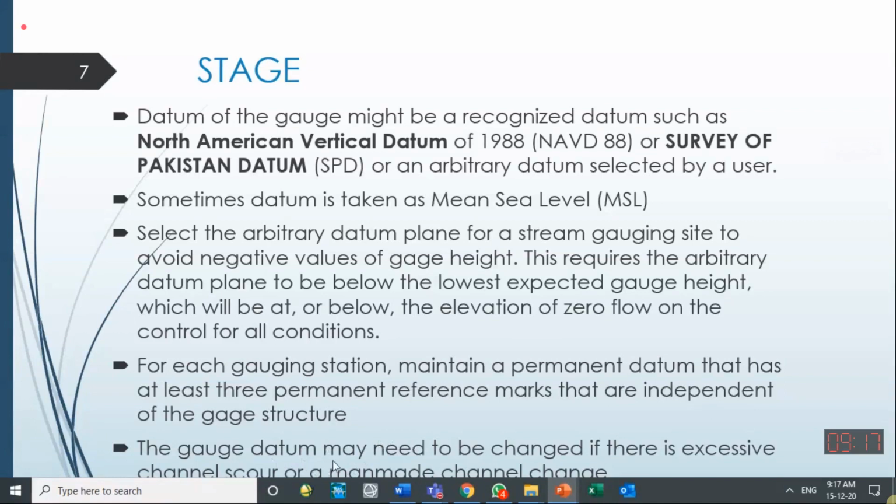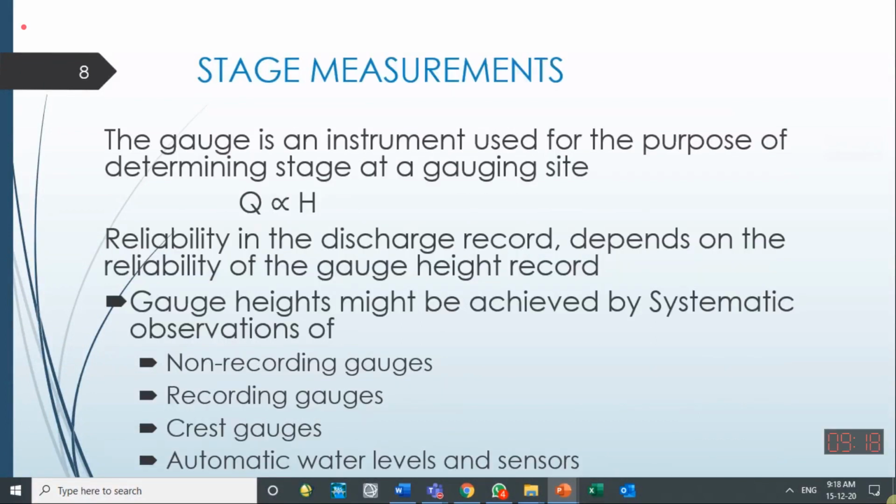The gauge datum may need to be changed if there is excessive channel scour. Again, scour and deposition do affect our stream gauging station. If there is excessive scour or deposition occurring over there, then we may need to change the location of that stream gauge, or shift the staff to another place so that we can measure the water levels.